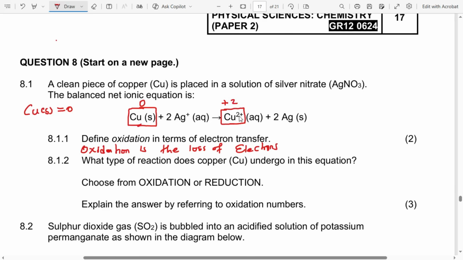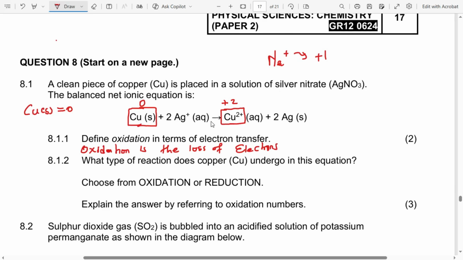I'm not sure if you get this. Just know that when you determine the oxidation number and it's an ion, you look at the number that you have on top. So if I say for sodium like this, the oxidation number is plus 1.